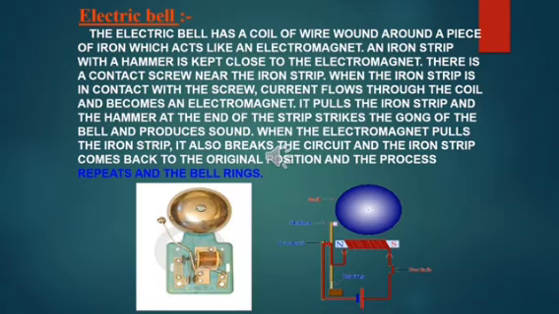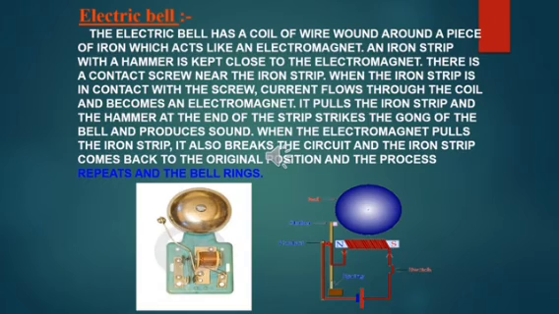So the iron strip comes back to its original position and touches the contact screw. Now this will complete the circuit. Okay. Now the current flows in the coil, and the striker will strike the bell again, and this can be repeated.